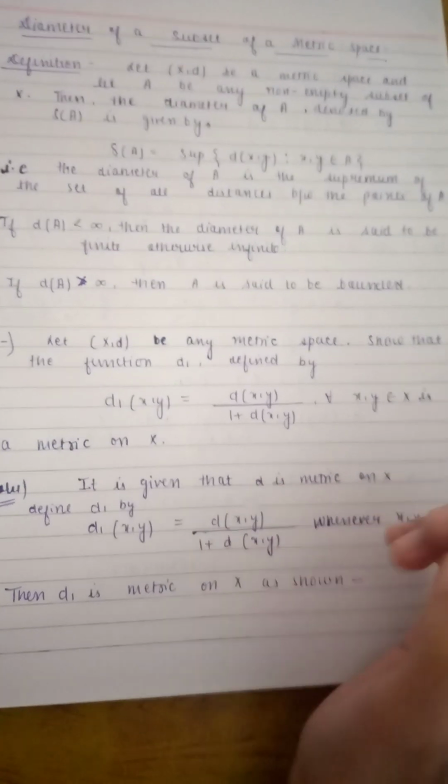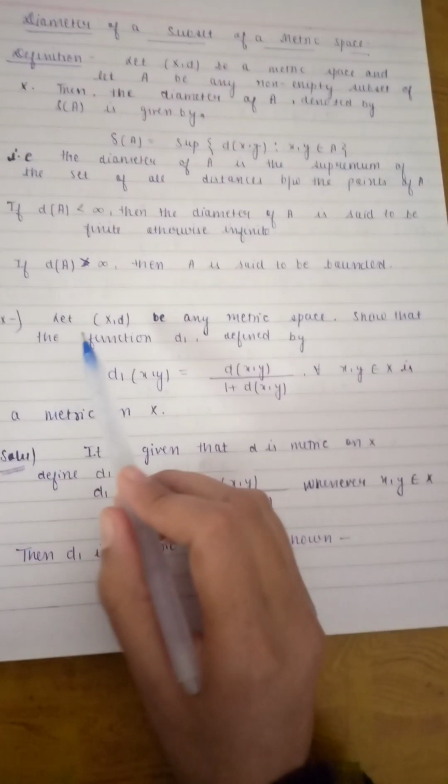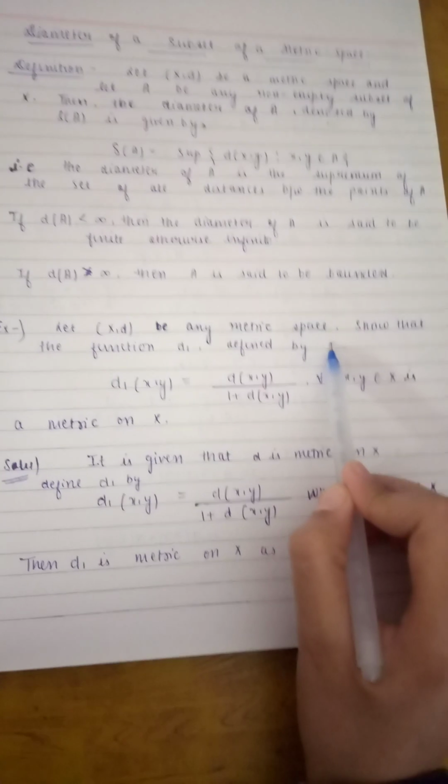So let's take an example on metric spaces and try to understand how to solve these questions. The example given is: let (X, d) be any metric space.